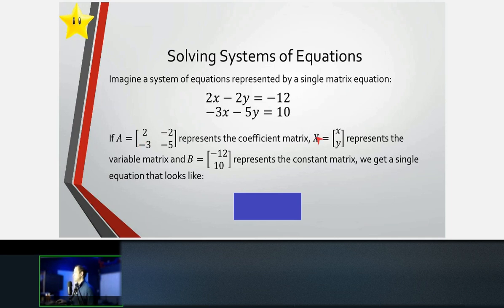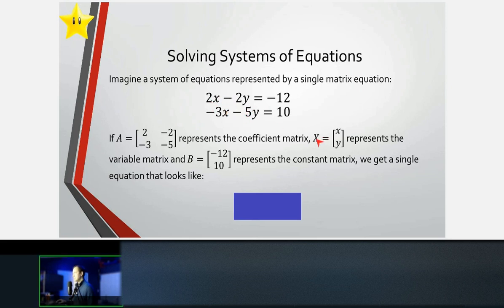Now, this is an important page because we're going to apply this to every problem we do. So your A matrix will always be the coefficients, the coefficient matrix. So we have an A matrix, we have an X matrix, and we have a B matrix. So every problem that we do will have these 3 pieces, the A, the X, and the B. Again, the A are the coefficients.